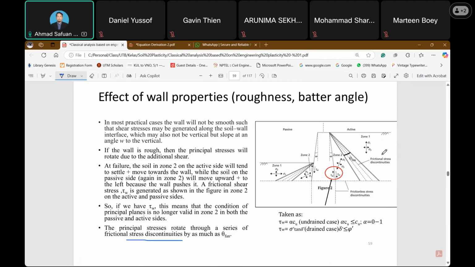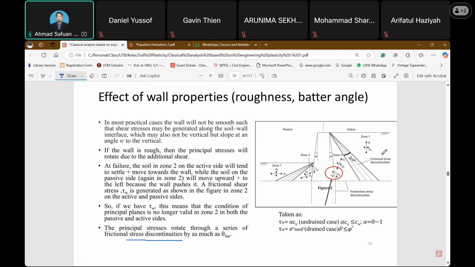So in most practical cases, the wall will not be smooth, such that shear stress may be generated along the soil-wall interface. Because the wall is rough, there is shear stress generated on the soil-wall interface. So there will be a rotation of the shear plane, which may also not be vertical, but sloped at an angle of w to the vertical.